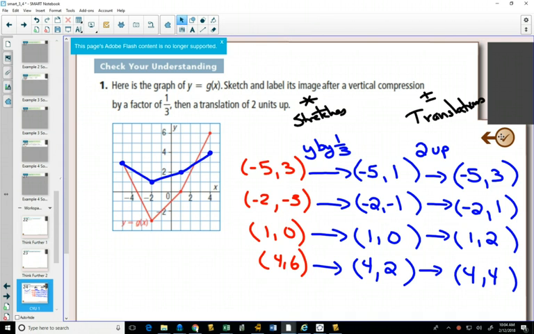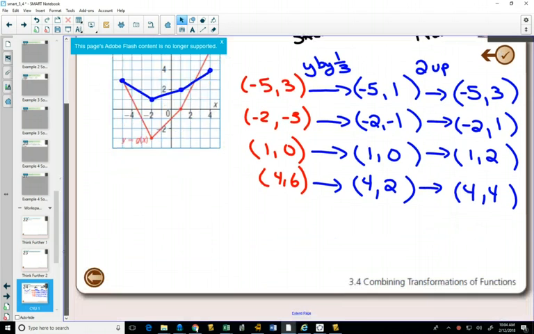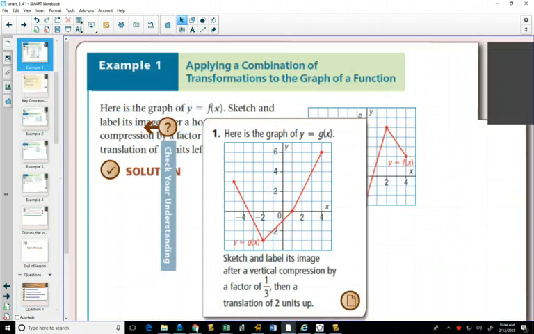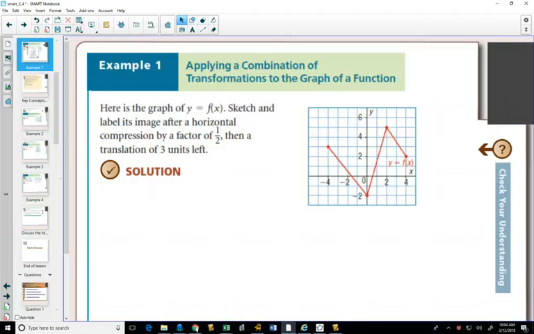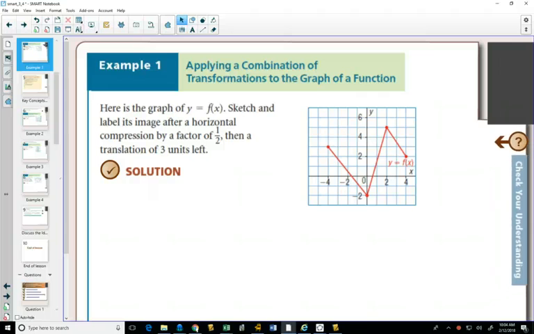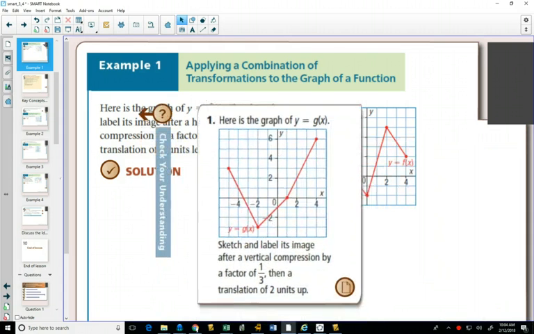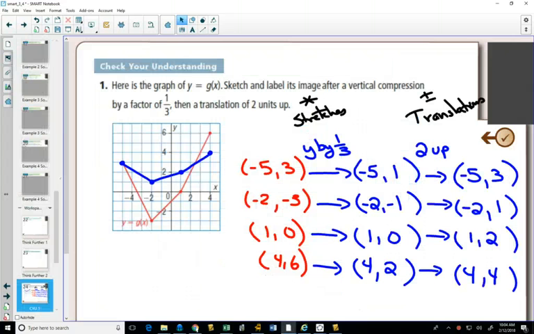Now, for this question, unlike other questions that we do, we are going to do the original one off to the side. It's in your notes, but we're just going to walk through it in the same way. And the reason that we're going to look at it is because, oh, we never finished the last question. Sorry, let's just finish this up. What didn't I do? Oh yeah, sketch and label its image. But it didn't ask me to label it with an equation.